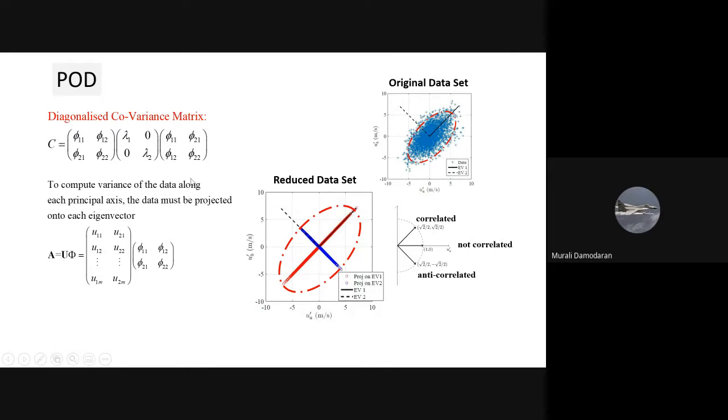To compute the variance along each principal axis, the data must be projected onto the eigenvectors. If I take the original data set and project it onto the major axis and the minor axis, this is the reduced data set.